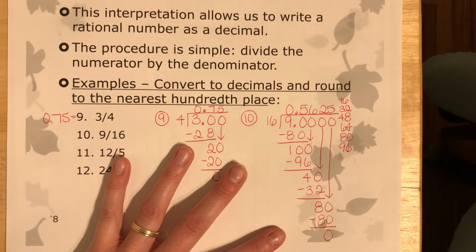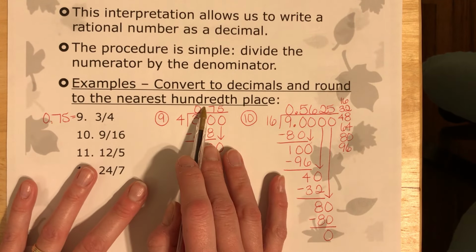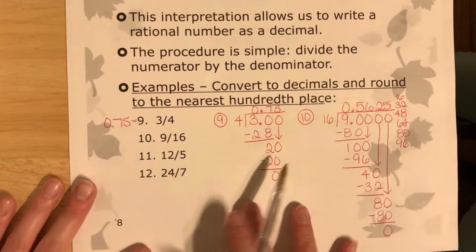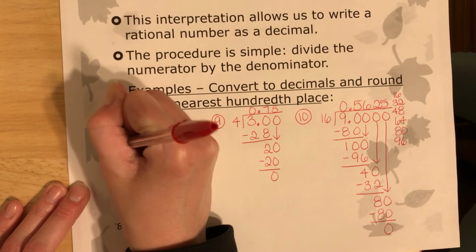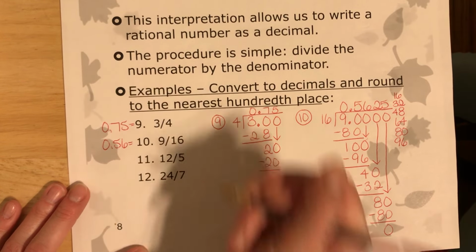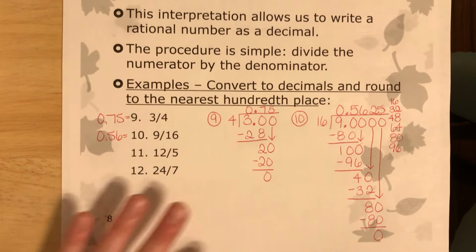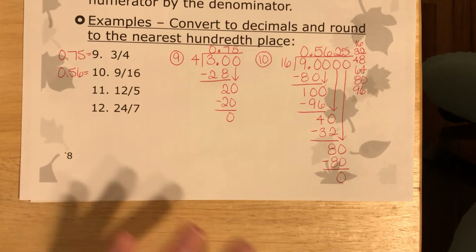I get 0.5625. But since the directions say to the nearest hundredths place, I'm just going to keep it 0.56 because the 2 tells me to keep it the same. Okay.